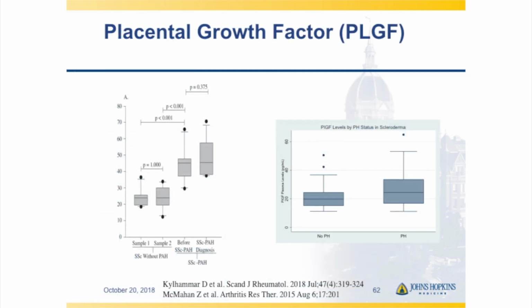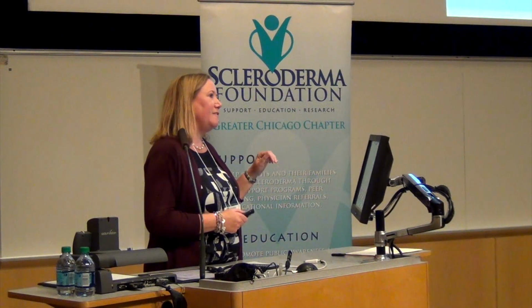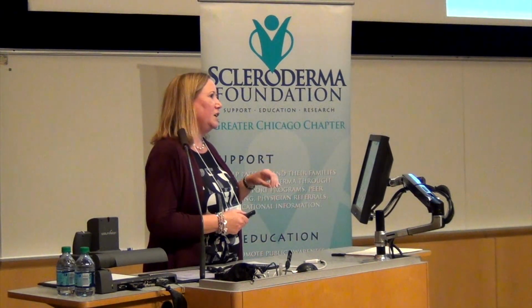And this is another one called placental growth factor that people have been interested in, including our group, that suggests that people, even before they were formally diagnosed with pulmonary hypertension, had elevated levels. And this is again data from our center that suggests that the levels are high in patients who have pulmonary hypertension. So we do think, and interestingly, both of these molecules are already known to be excellent biomarkers in predicting preeclampsia in pregnancy.